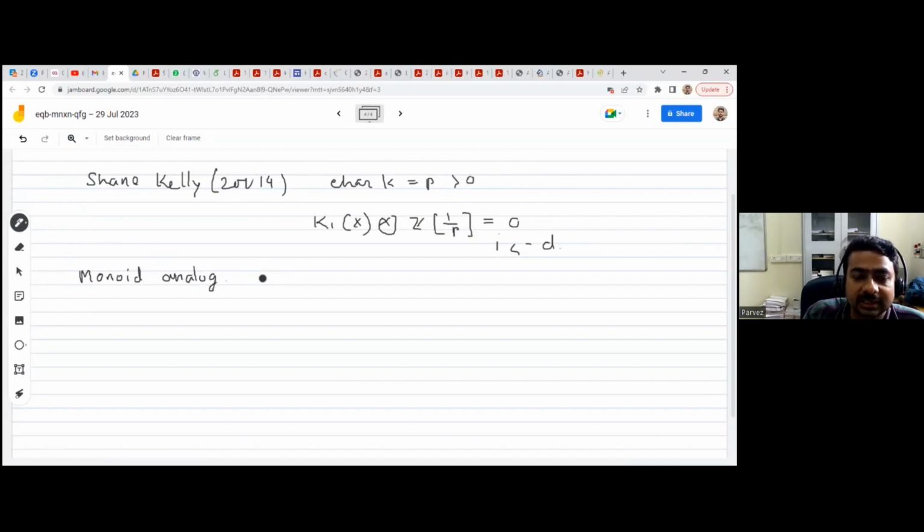So let M be a monoid. Let me say quickly what a monoid is. A monoid is like an abelian group: it has a binary operation, and among the axioms of groups you have an identity element, associativity, and we will assume commutative monoid also, a closure property.